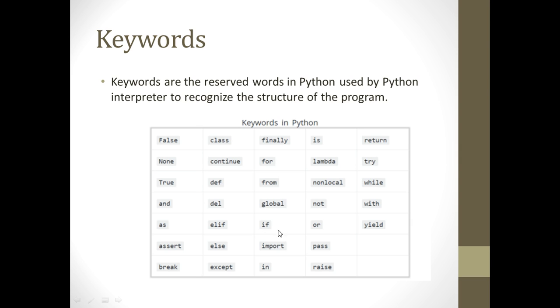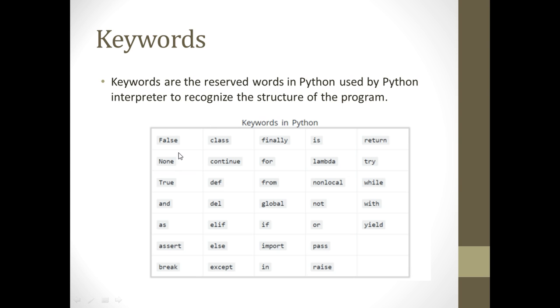When I write if in the program, the interpreter takes it that there is a condition that is going to appear, followed by what happens when the condition is true and what happens when the condition is false. So we have if, else. These are the keywords which get used if I use an if statement. Like this, there are various keywords in Python.